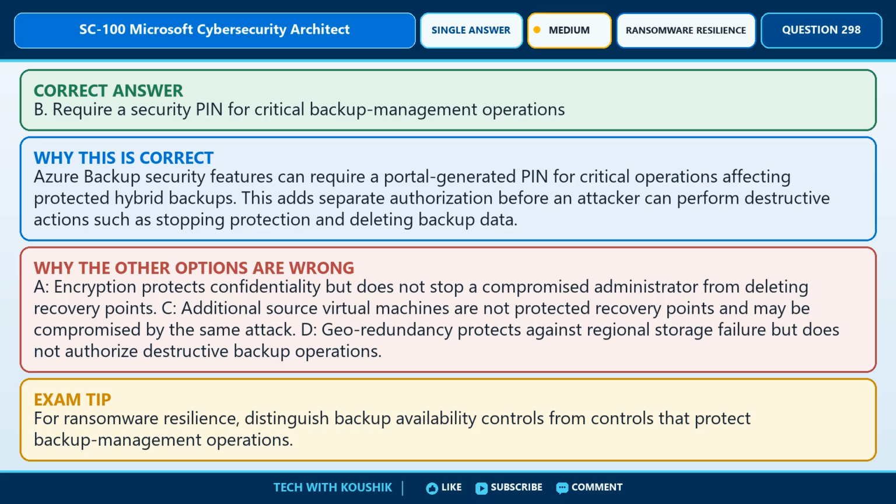A. Encryption protects confidentiality, but does not stop a compromised administrator from deleting recovery points. C. Additional source virtual machines are not protected recovery points and may be compromised by the same attack. D. Geo-redundancy protects against regional storage failure, but does not authorize destructive backup operations. Exam tip. For ransomware resilience, distinguish backup availability controls from controls that protect backup management operations.